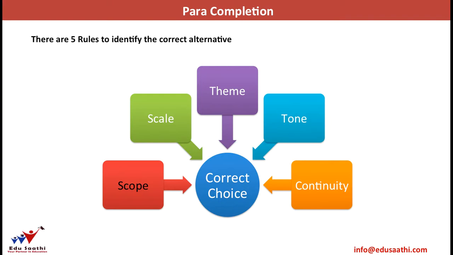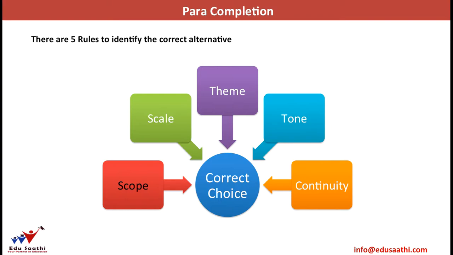But these rules will help you analyze the dissimilar alternatives, and you'll be a little more comfortable in judging the correct answer. These are not the only 5 rules that we are discussing here; there might be other rules as well. Whenever you are given a question, just check these 5 things in the alternatives, and if you find any dissimilarities on the basis of these 5 things, you are comfortable in judging the answer options.